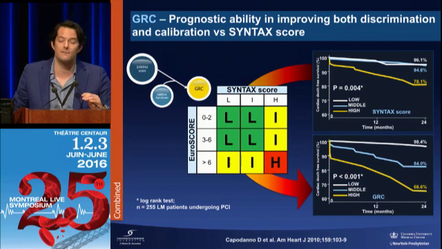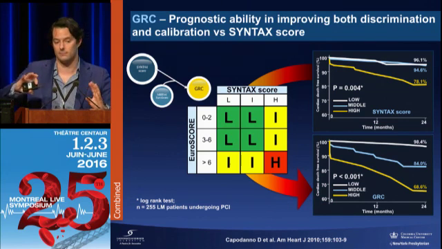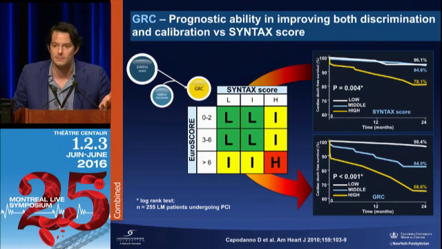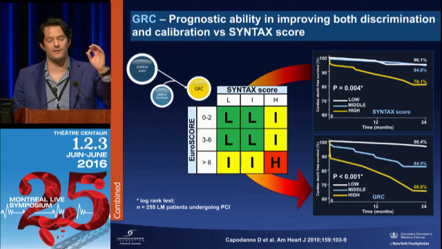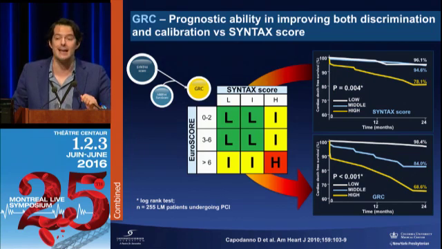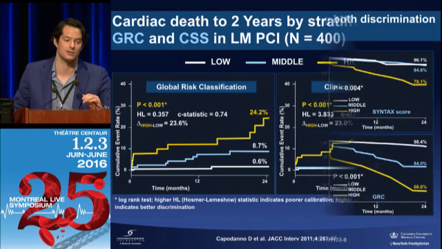On the opposite, you have patients around 22 that will go bad with PCI. So I think integrating other clinical variables will help you improve the discrimination and the calibration capacity of the purely angiographic SYNTAX score.